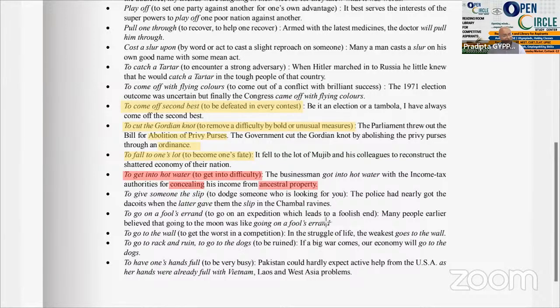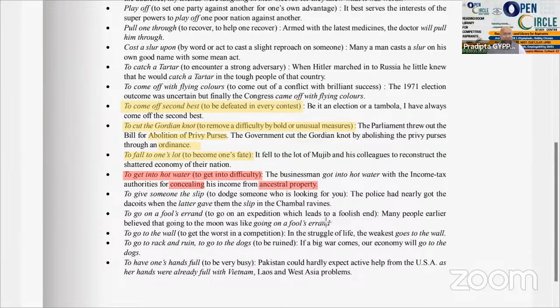The businessman entered into difficulty with the income tax authority for concealing. Concealing means hiding. Write it down. Concealing means hiding his income from ancestral property. Ancestor means forefather, your grandfather, great-grandfather, all these are your ancestors. Ancestral property is whatever you get from them. That means he was trying to hide the taxes.